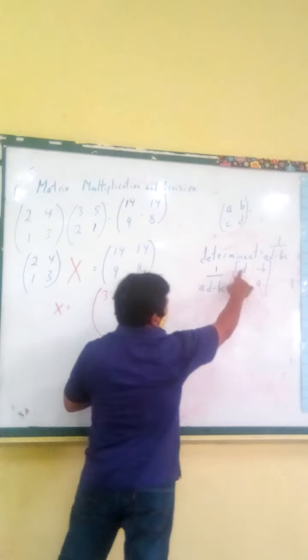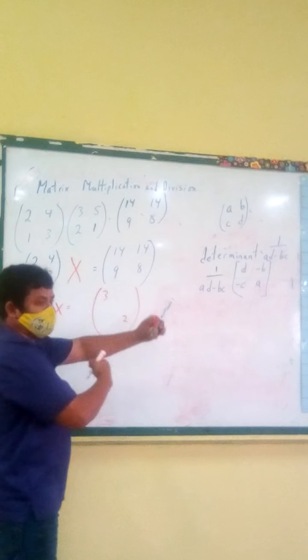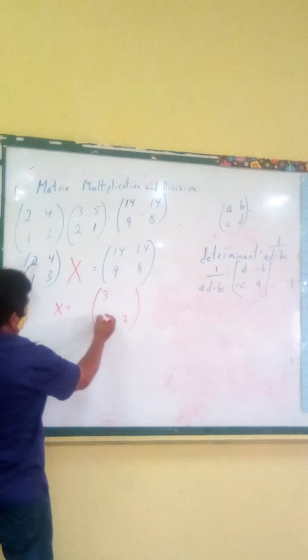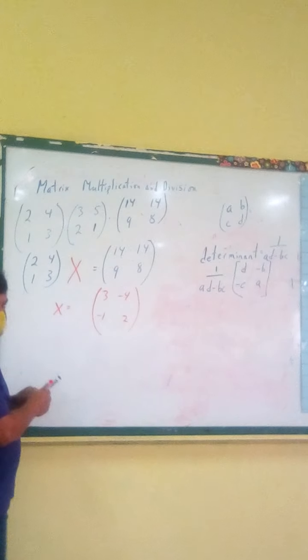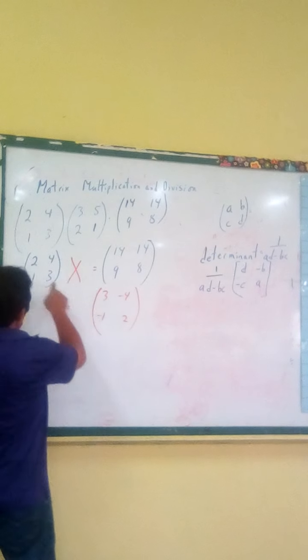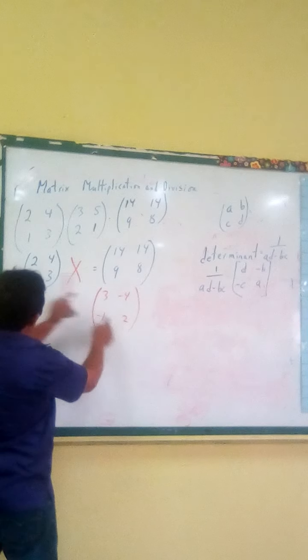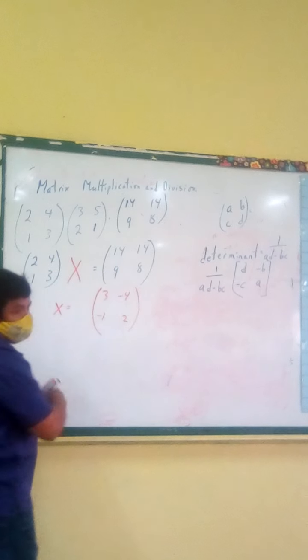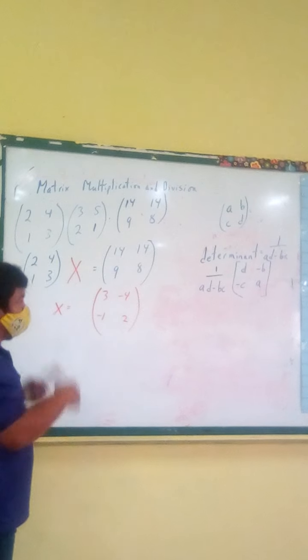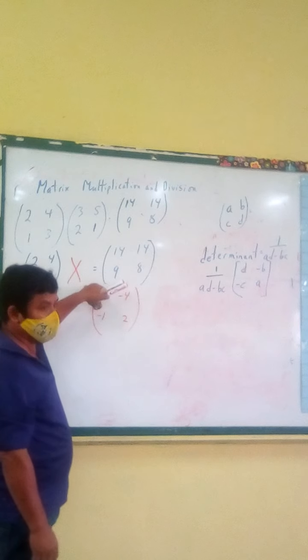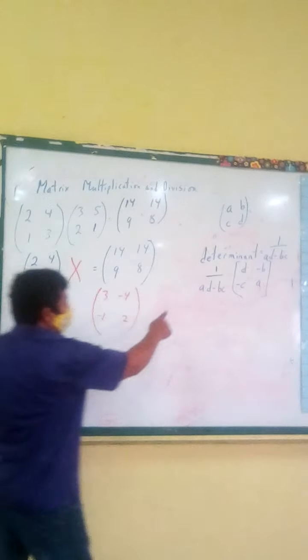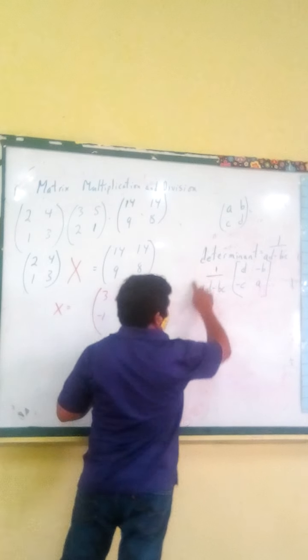I interchange their positions, and I make the negative of these other two values, so I become -1, -4. Just watch what I did. I changed their positions, and I made these negative. What you are doing is finding the inverse of this for you to solve for this matrix. But you have one piece missing, which is this piece here.